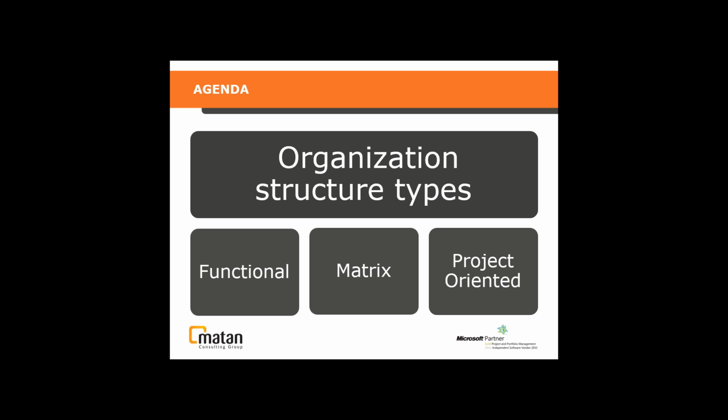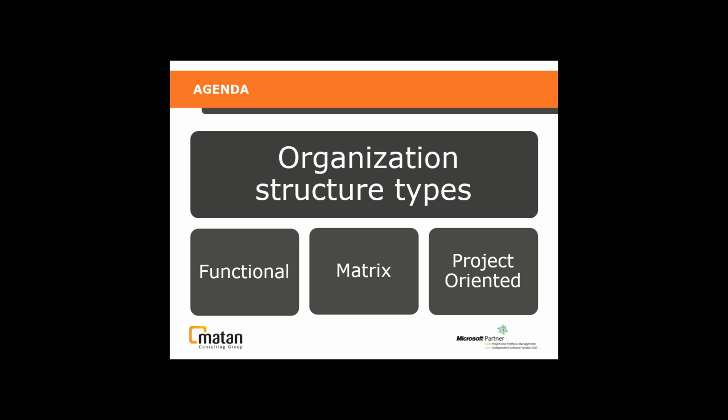And one of the first things that I need to know when I start an implementation, or even when I just start talking to the customer, is what type of organization do they have? What's their structure? How are they built? And what are their needs when we talk about the implementation?